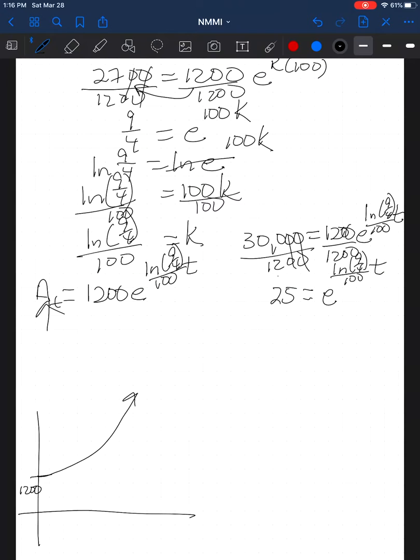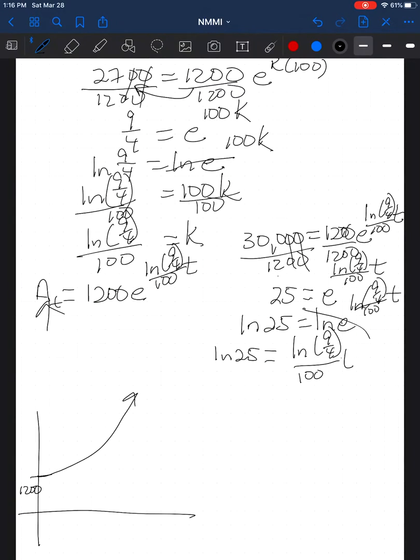So in order to get rid of this e, I have to take the natural log of both sides again. So I get ln of 25 equals ln of this. So these cancel, and what I actually have is ln of 25 equals ln of 9/4 over 100 times t.